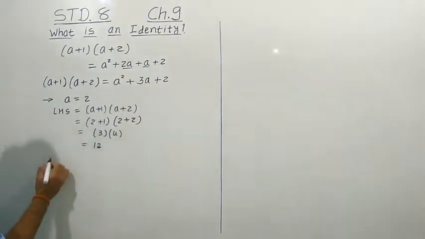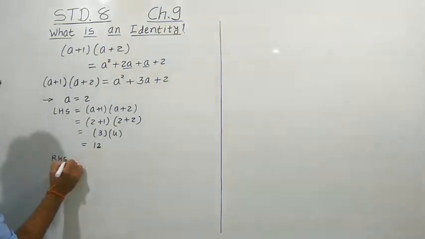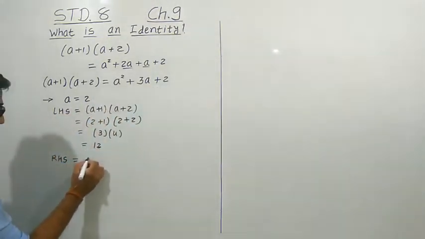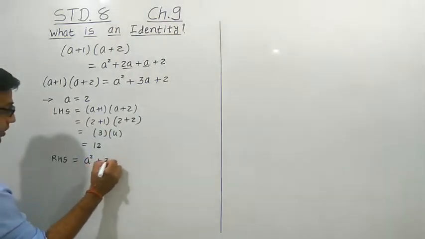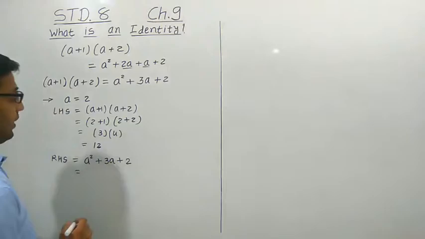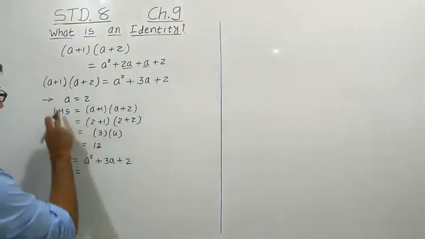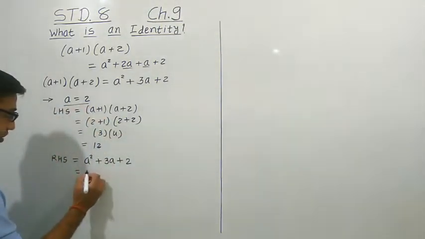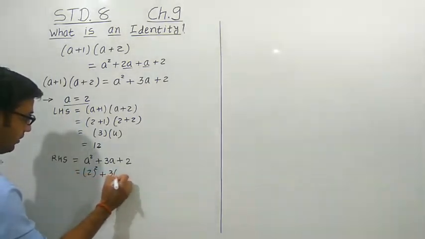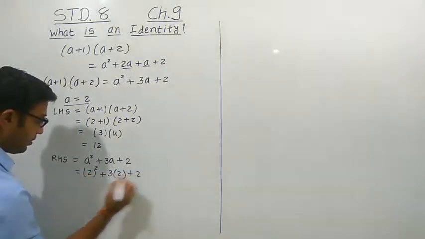Now let us find out the right hand side value. On the right hand side we have a square plus 3a plus 2. Now put the value of a. Here also we put a equals 2. So we get 2 square plus 3 into 2 plus 2.